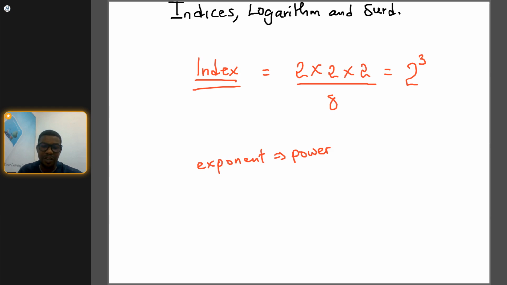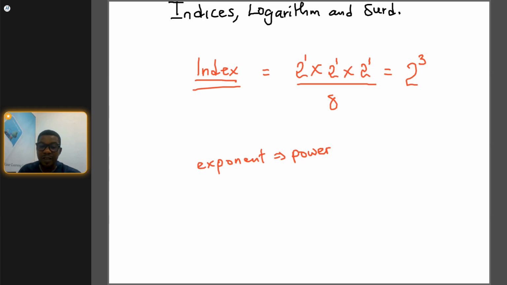Now, if I ask the question, how did I get this 3? Some believe that you just count 1, 2, 3, and that's why you have 3 here. It's acceptable in that way also, but it is because 2 has an invisible power, which is 1. This also has an invisible power of 1, and this also has an invisible power of 1.